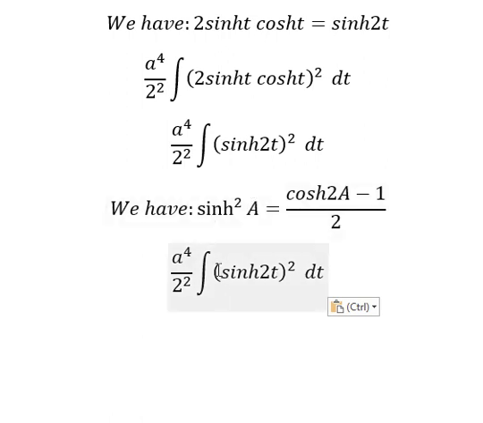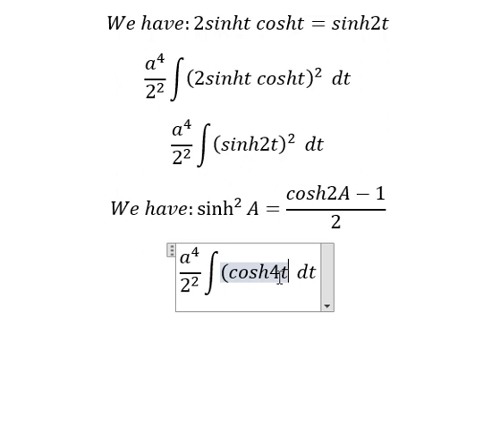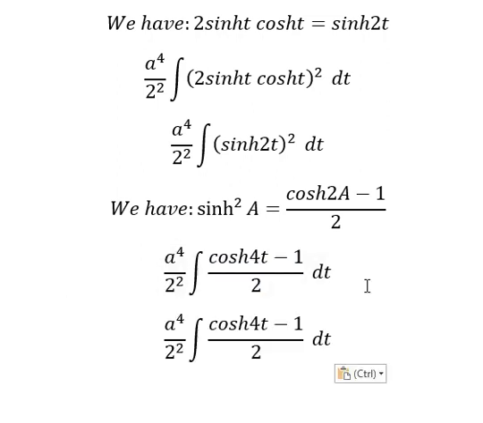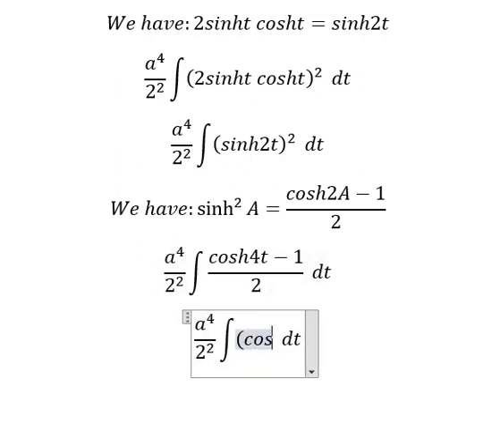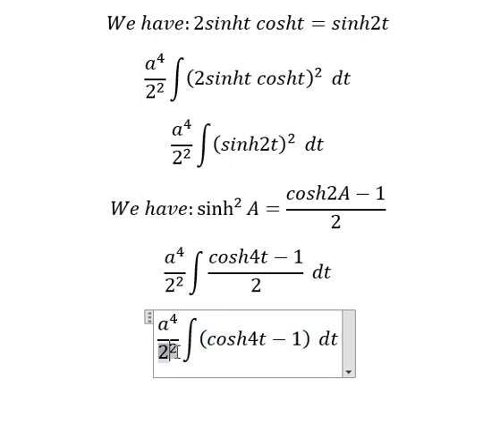We need to transform this one into this one. So we have it like this. So the number 2 I will put outside. And this one we have the number 8.